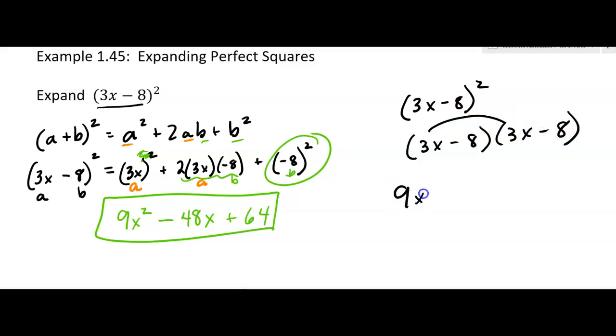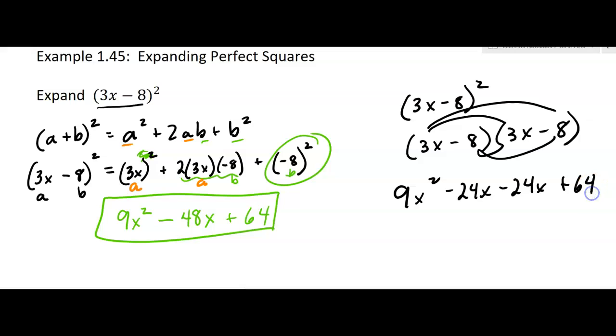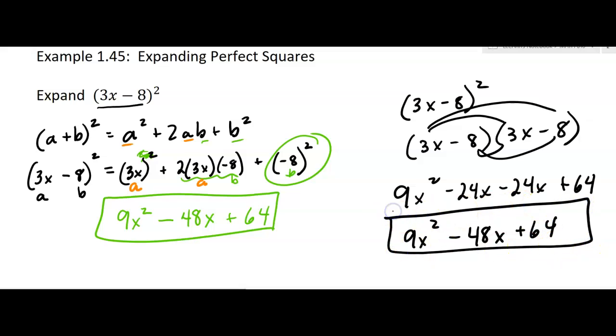We'd get 9x squared minus 24x minus 24x, and then plus 64. And sometimes students are like, I just would rather FOIL it out. That's fine. You're going to get the same answer. It's helpful later sometimes to know how to use a formula, so if you want to practice doing it that way, that's fine.